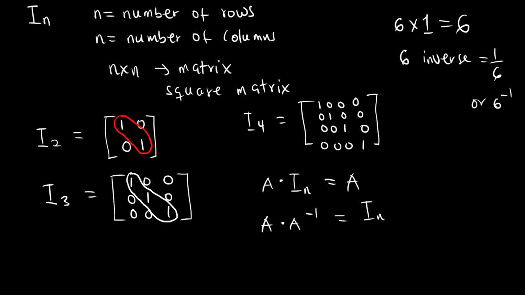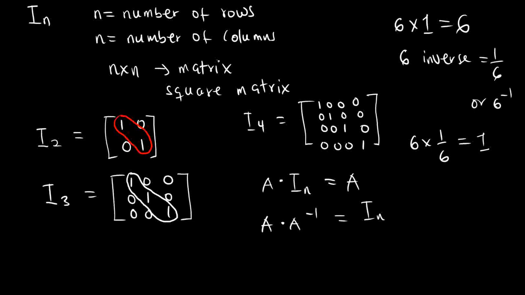When I multiply this inverse by 6, I'm going to get 1. That will be 6 times 1 over 6, which gives me a value of 1.